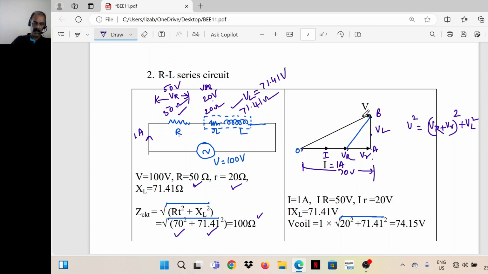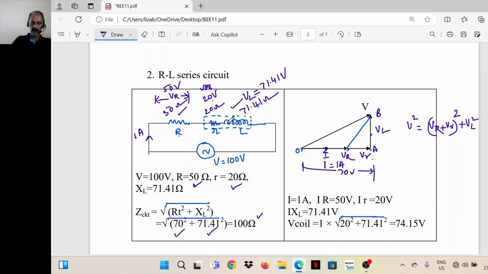So first we take current as the reference. Then the voltage across the external resistance, VR, which is 50 volts, is in the same direction as I. To that we add small vr, also in the direction of I, because both are resistive drops.